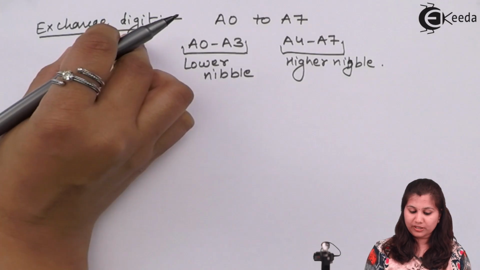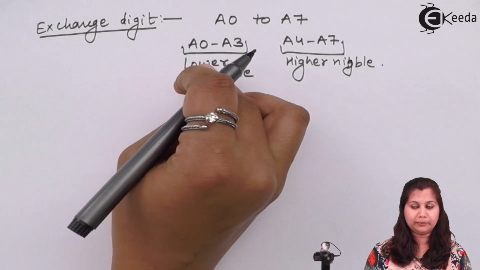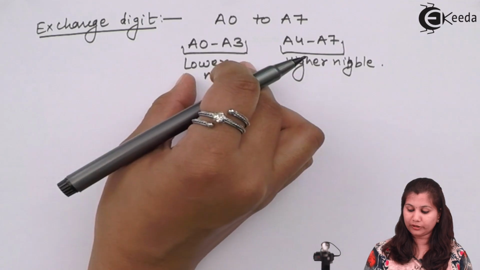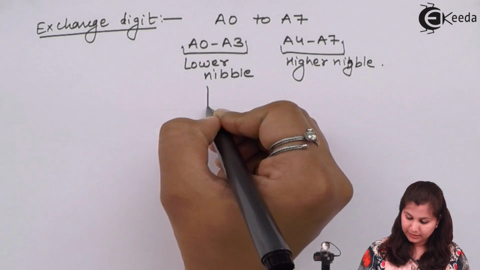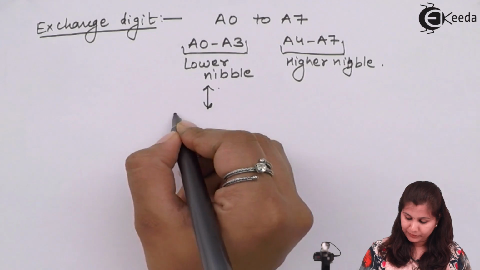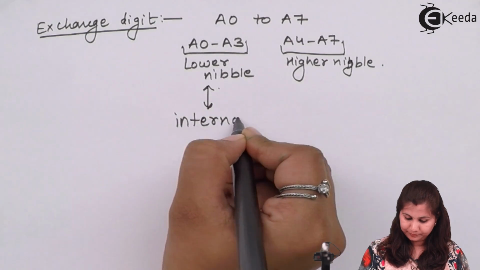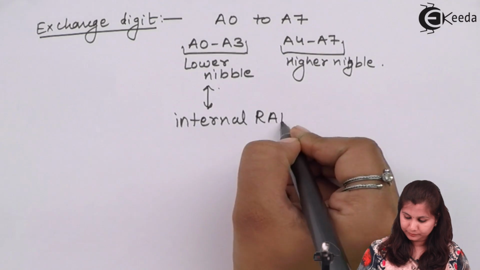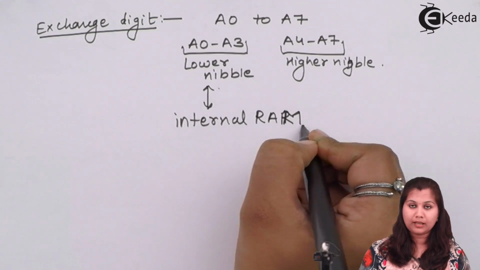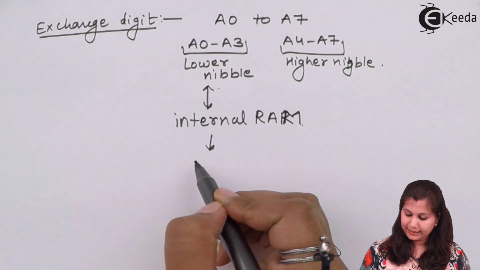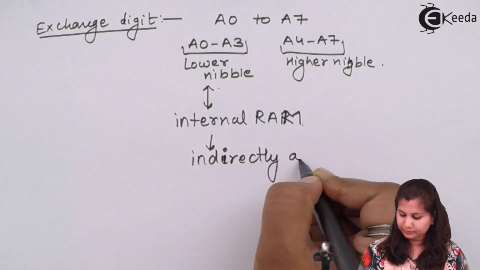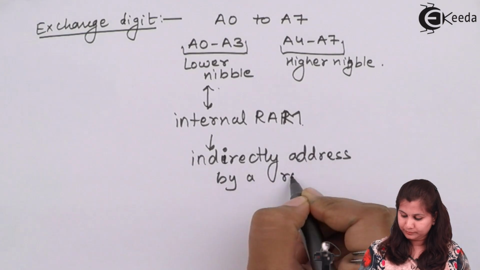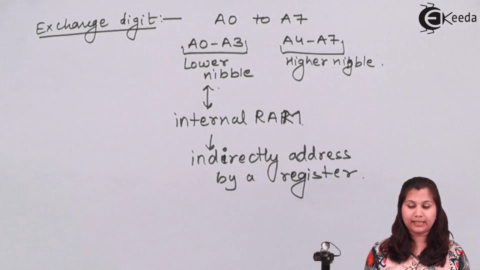So in this exchange digit instruction, the contents of the lower order nibble will be exchanged with the contents of the internal memory location. This exchange is taking place with the internal RAM, and this internal RAM is indirectly addressed by a register. Let's take an example.